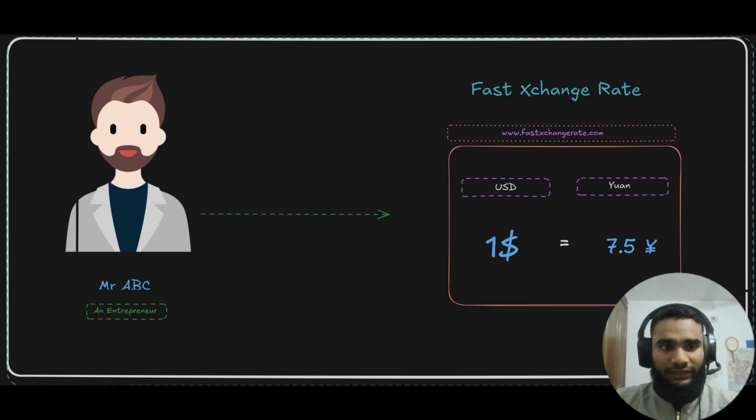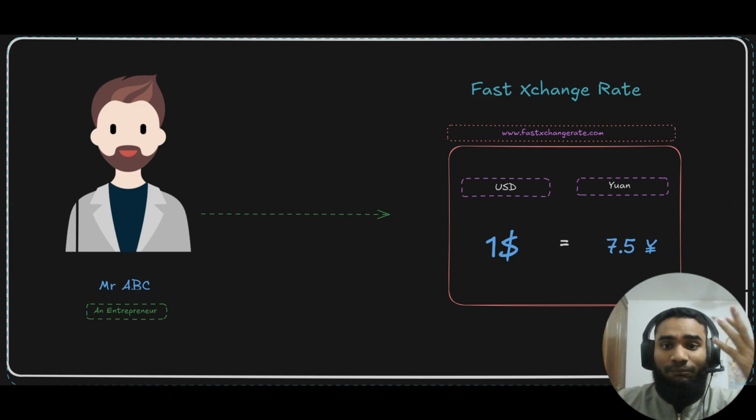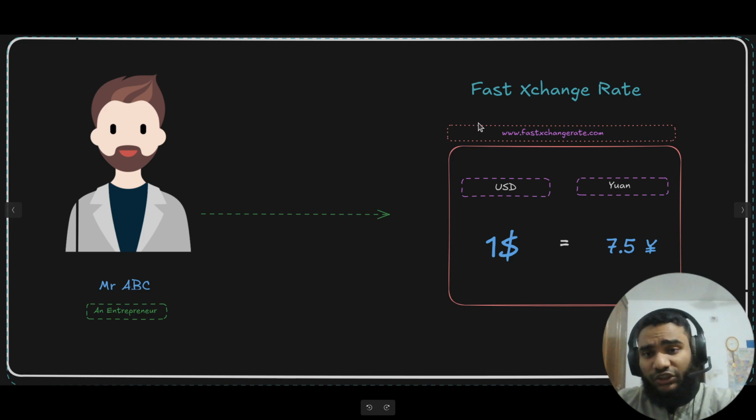Look at the screen. Here, Mr. ABC. Mr. ABC is an entrepreneur, a businessman. So he has a business, and its name is Fast Exchange Rate. So what service does Fast Exchange Rate provide?